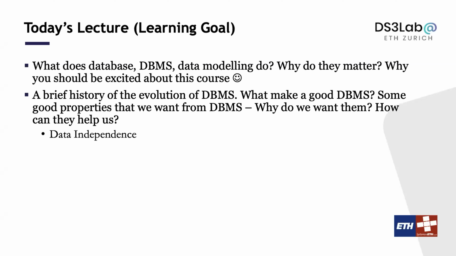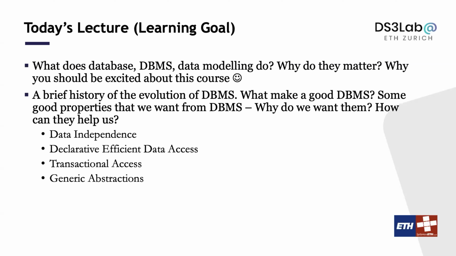For example, properties like data independence, the database management system being declarative, transactional access, and generic abstractions that can be provided by a good database management system. Over this course, we are going to go deeper into each of these properties, and we try to understand how to use them to build a good application.